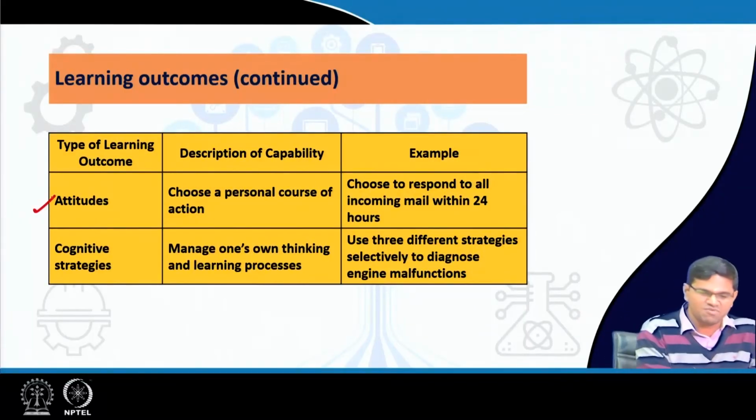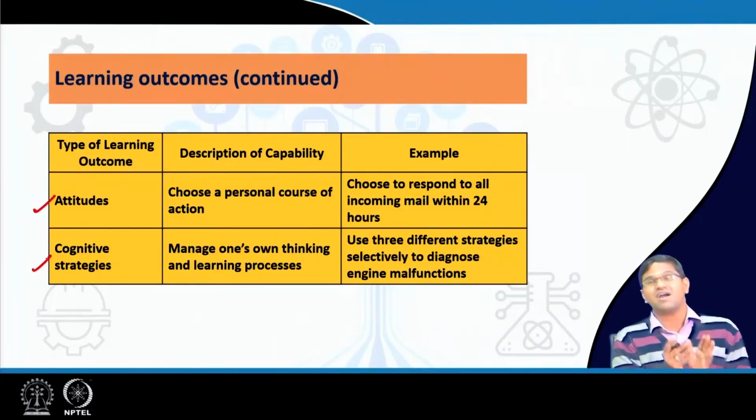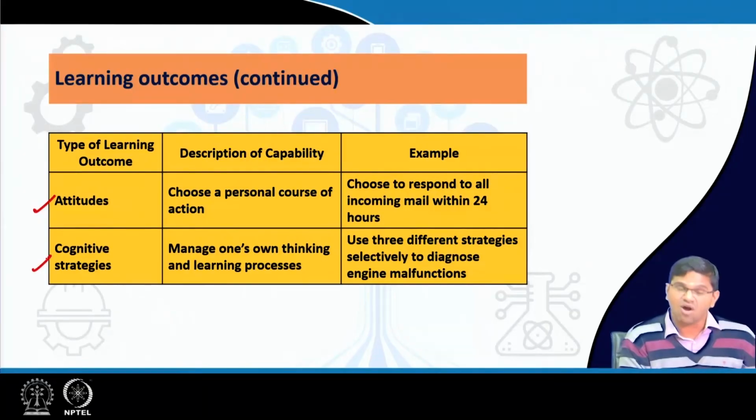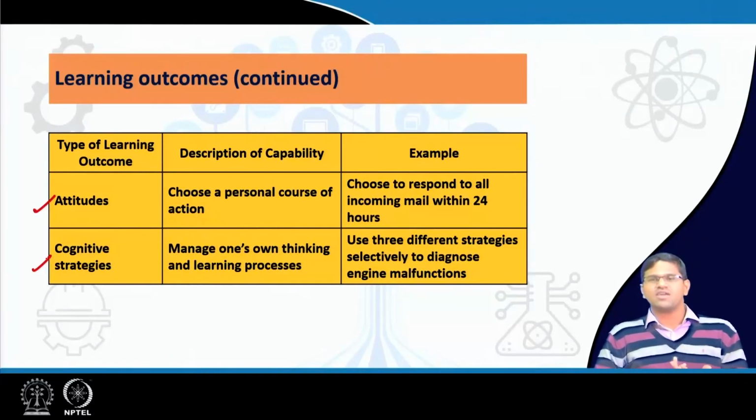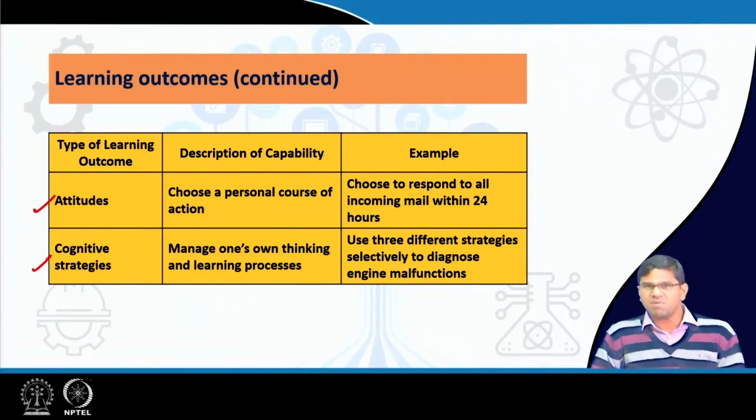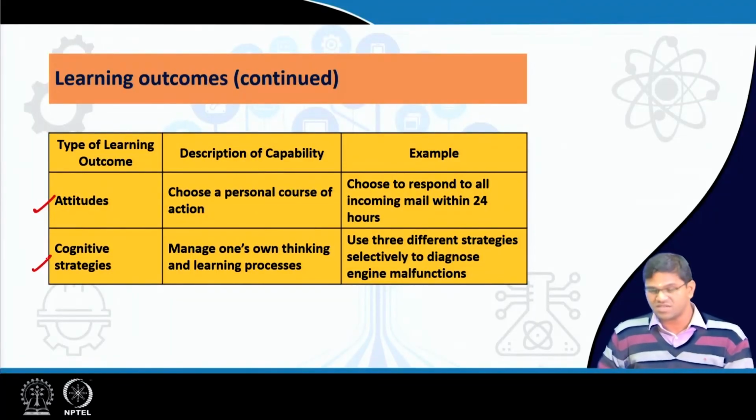Similarly, if the learning outcome is focusing on cognitive strategies, the description of the capability is to manage one's own thinking and learning processes, where an employee or participant gets the capability to manage their own thinking and learning. An example can be: can you use three different strategies selectively to diagnose engine malfunctioning?